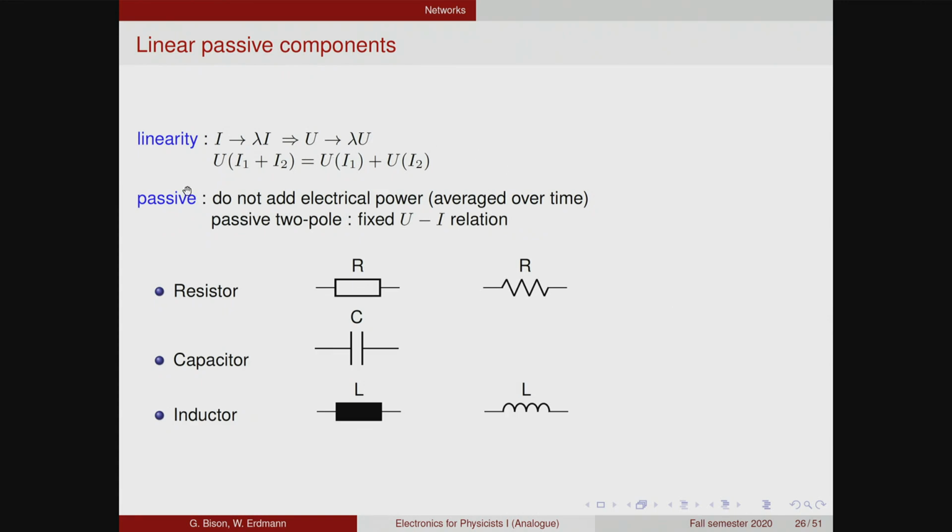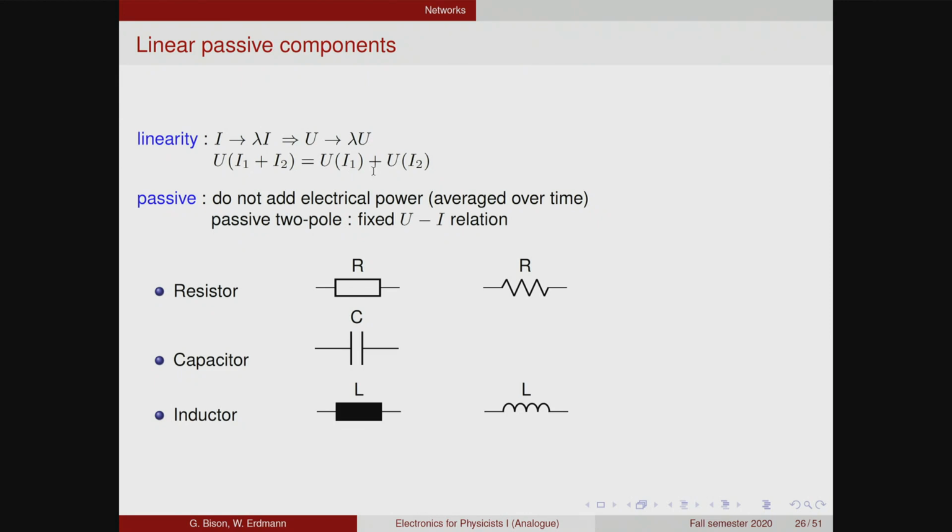Linear means that if the current changes by a certain scaling factor, then the voltage also changes by the same scaling factor. For example, if we have calculated the voltage necessary to drive a certain current, and we also determined the voltage necessary to drive a certain other current, then the voltage to drive these two currents together we can simply get by adding up these two results.